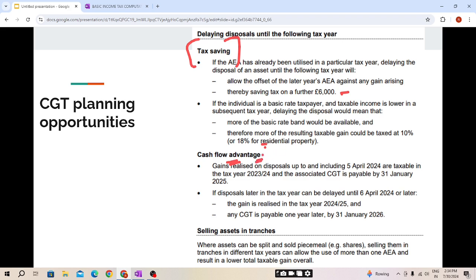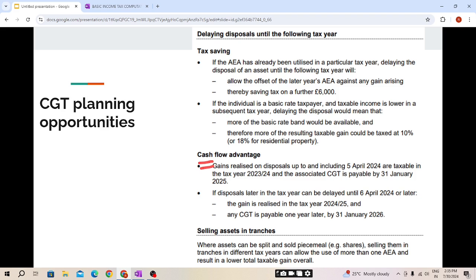Now coming to cash flow advantages. Gains realized on disposal up to and including 5th April 2024 are taxable in the tax year 23-24 and the associated CGT is payable by 31st January 2025. So students, if a company is facing cash flow problems and needs a cash flow advantage, then they can delay the disposal.